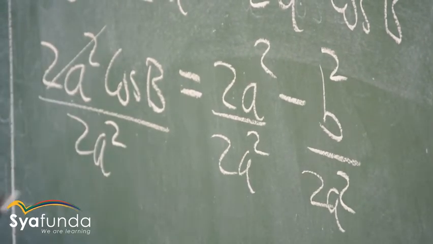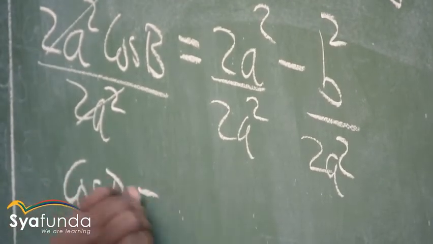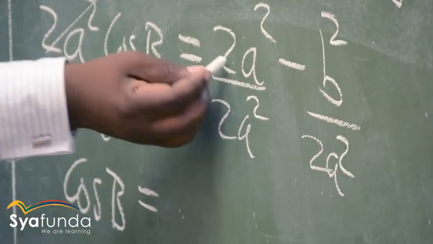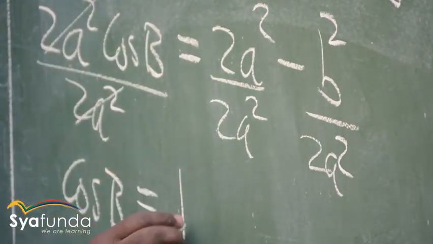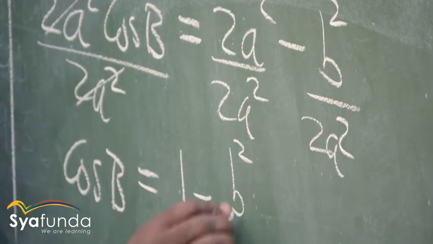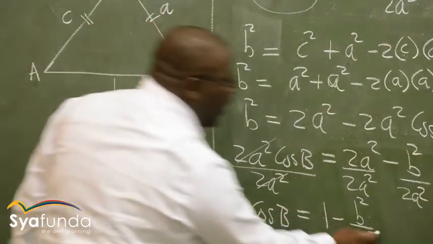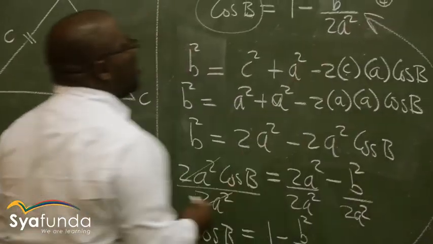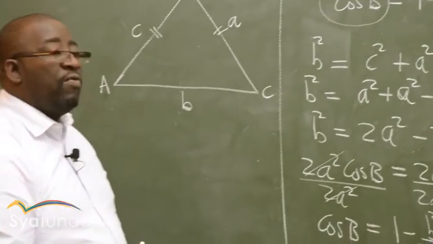We'll be left with cosine of B is equal to 2a squared divided by 2a squared, which gives us 1, minus b squared over 2a squared. Exactly what we wanted to get. So it is true that cos B is equal to 1 minus b squared all over 2a squared. Thank you.